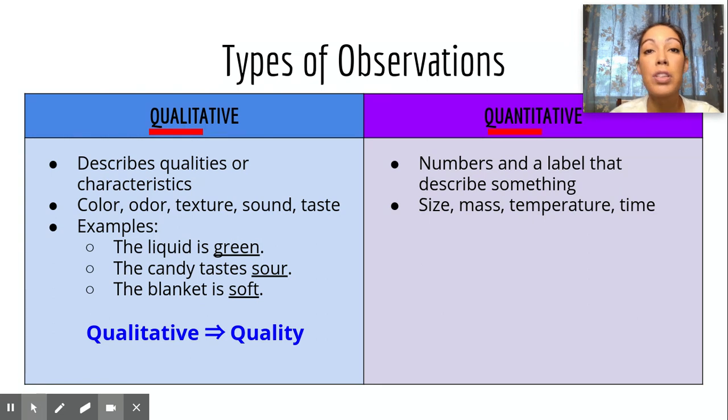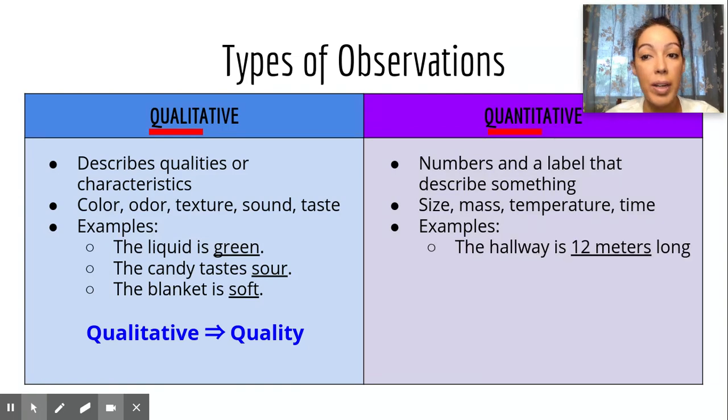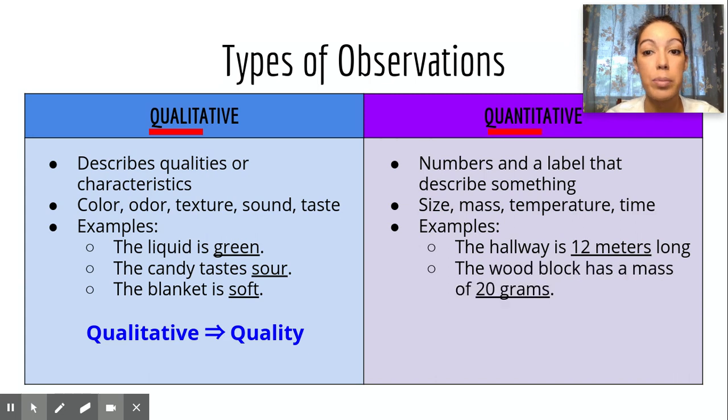Any time that you can use a number to actually quantify or give a number to that observation, that's a quantitative observation. Examples of these are the hallway is 12 meters long, okay? My quantitative observation is 12 meters. It's my number, 12, and my label, meters. That makes it a quantitative observation.